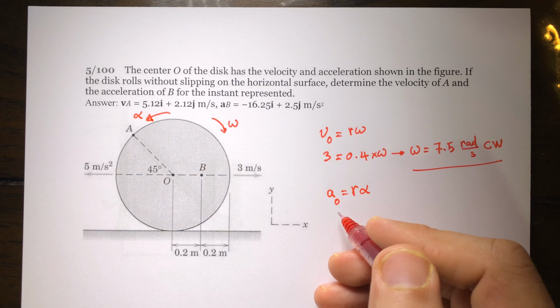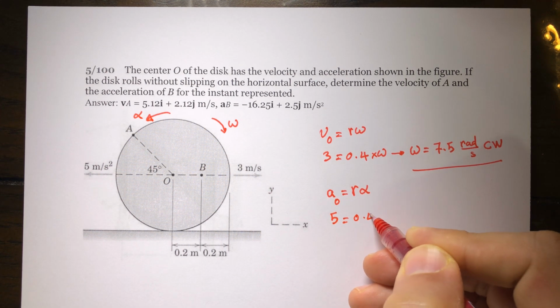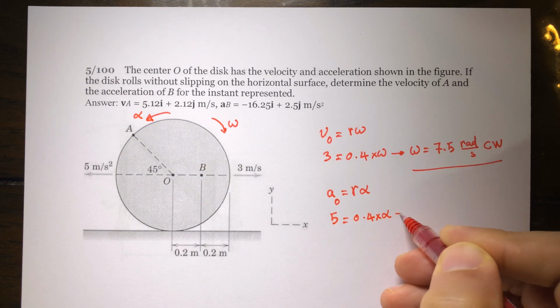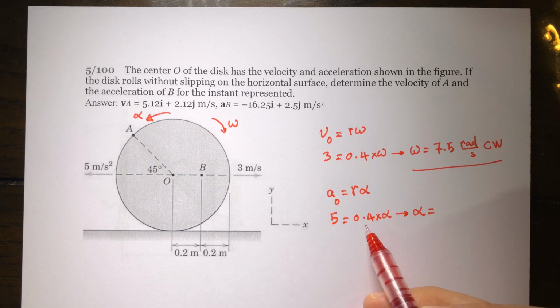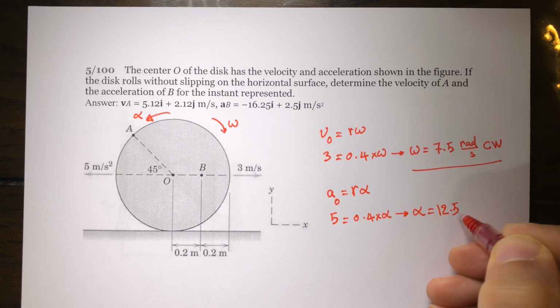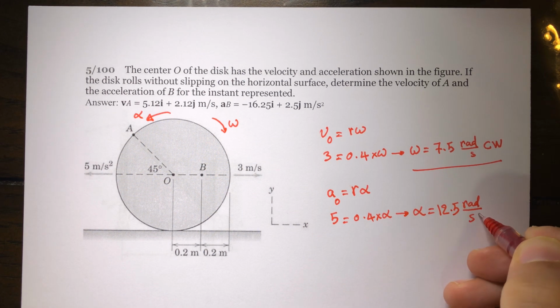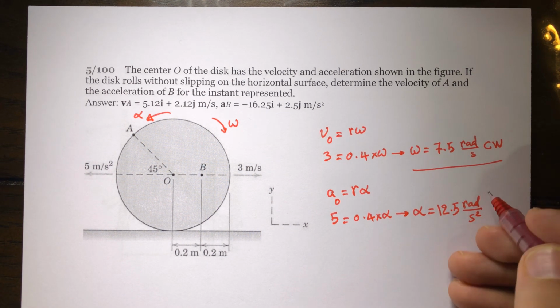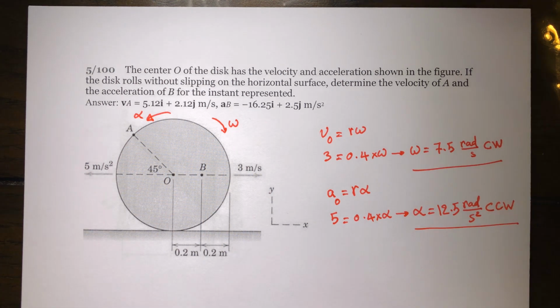So acceleration of the center is 5, r again is 0.4 times alpha, and from here we are going to be able to find alpha. 5 divided by 0.4 is going to be 12.5 radian per second squared, and the direction of alpha is counterclockwise. So that's alpha.